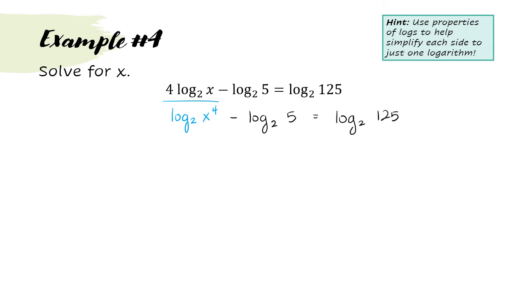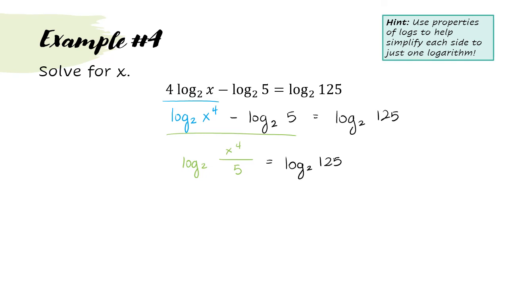Okay, so same idea. Let's take our difference and turn this into a quotient. So log base 2 of x to the 4th power over 5 is equal to log base 2 of 125.